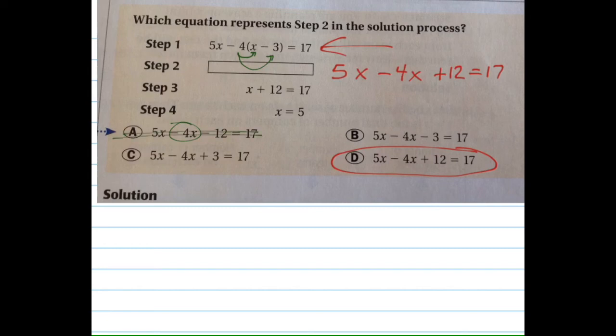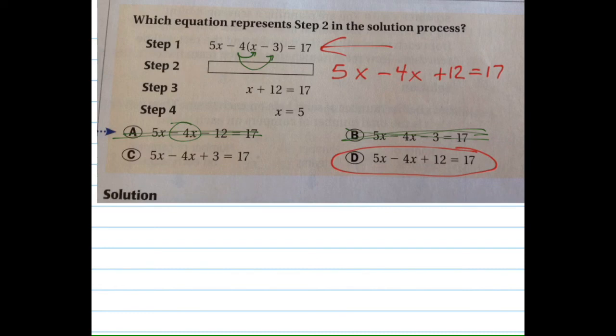Okay? What did they do wrong in B? Caleb? They didn't multiply the negative 4 by the negative 3. They did the negative 4 times the x, but then they didn't do negative 4 times the minus 3. Okay? That's a common mistake. That's why they put those answers in there.